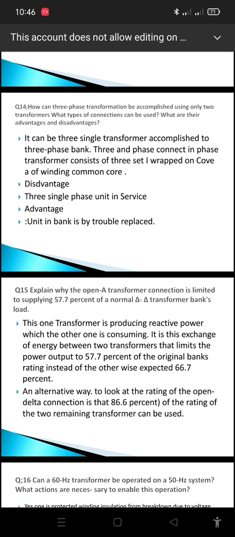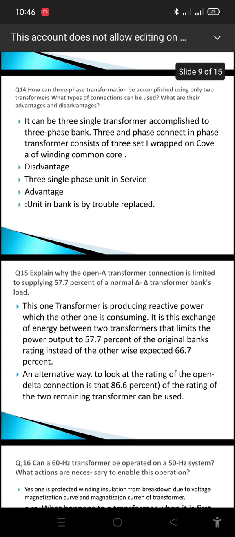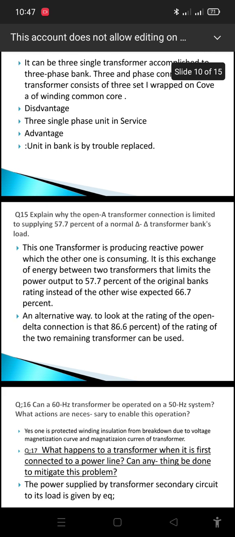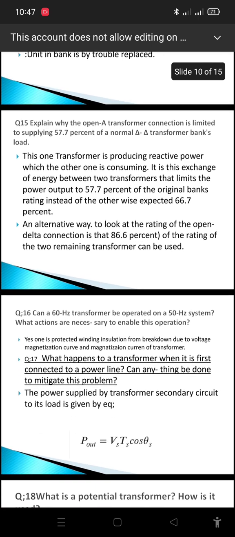It is this exchange of energy between the two transformers that limits the power output to 57.7% of the original bank's rating, instead of the otherwise expected 66.7%. An alternative way to look at the rating of the open delta connection is that 86.6% of the rating of the two remaining transformers can be used.